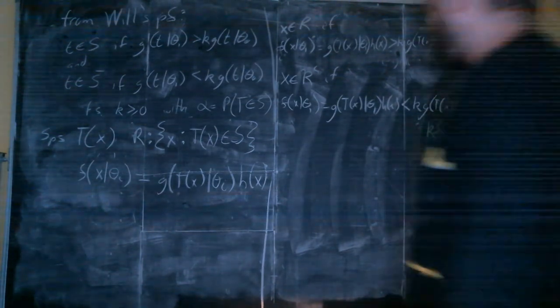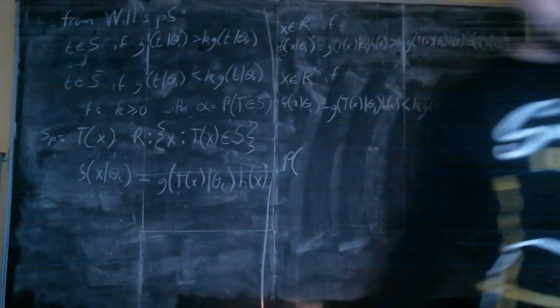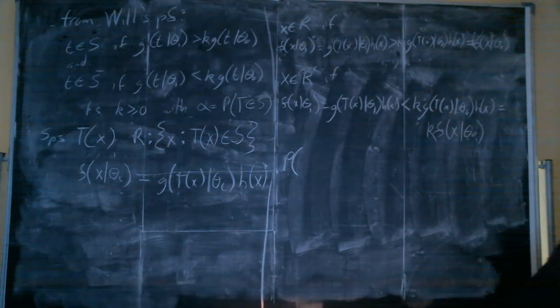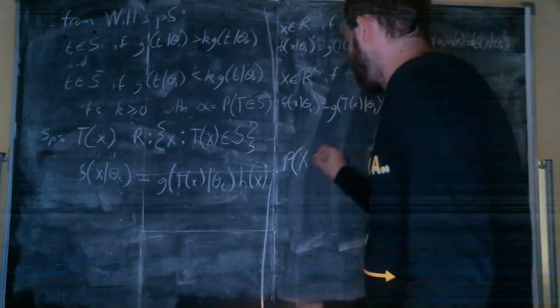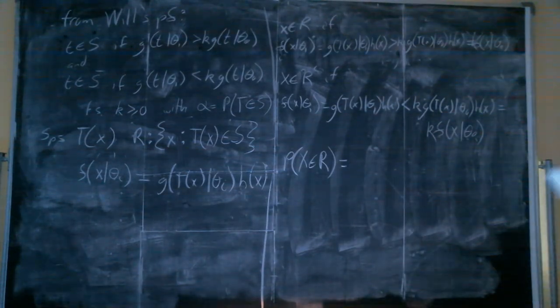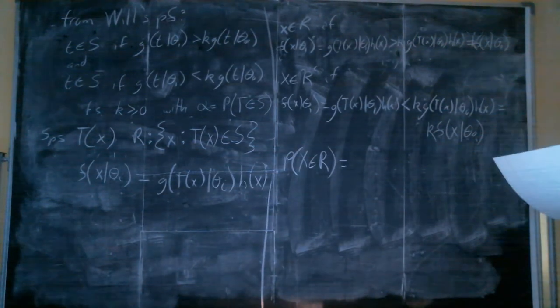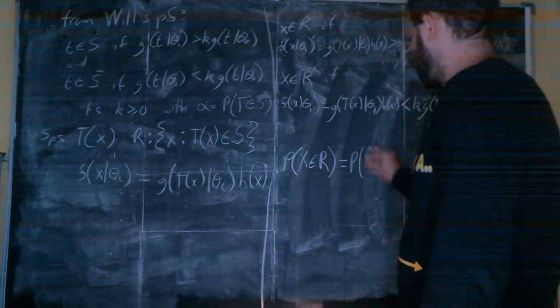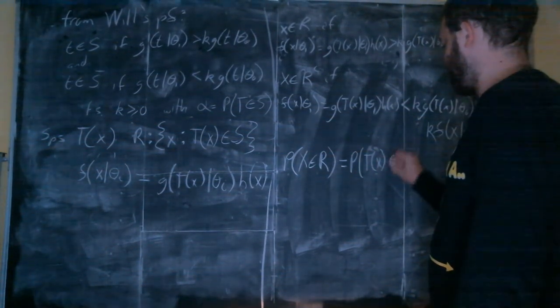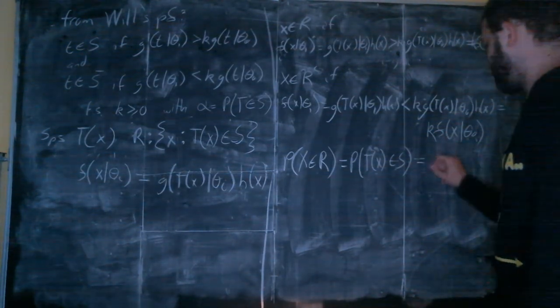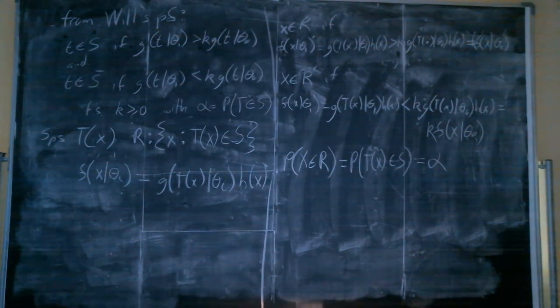So now we know that the probability that x will be in this rejection region is going to be equal to the probability that our specific test is in S, but we already know from the lemma that that is alpha.